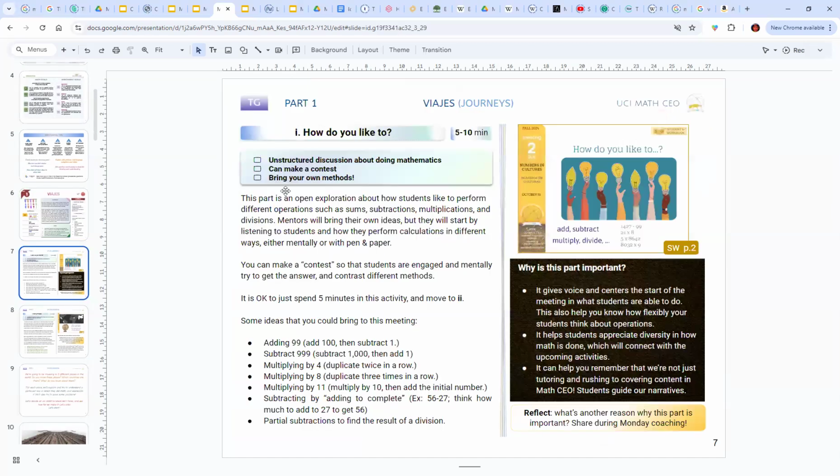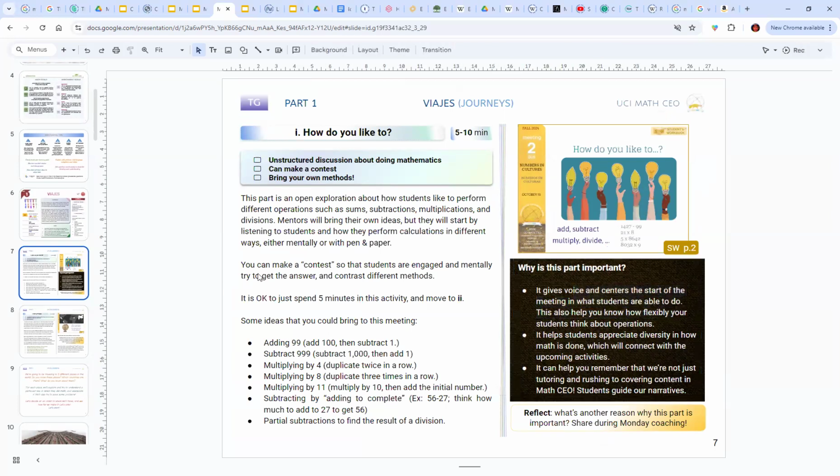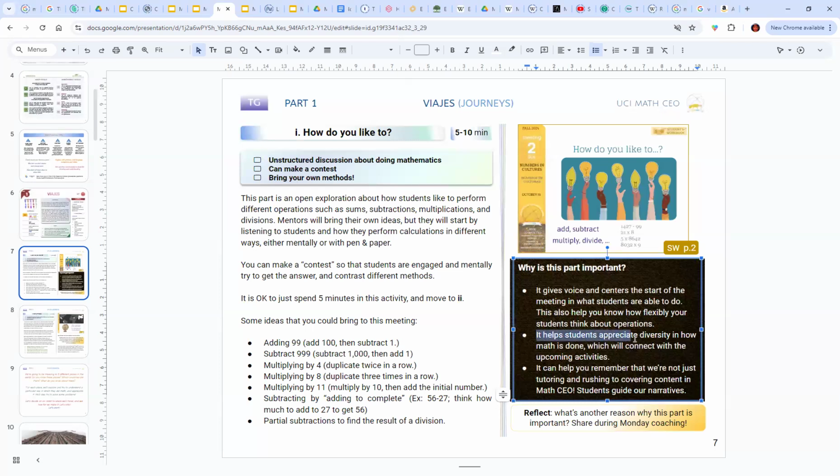So in a nutshell, we first want to do a warm-up. That's important because it'll give voice and will center the start of your meeting in what students are able to do. So what are we asking them? Just how do they like to add, subtract, multiply, divide? How do they like to do math in different ways? It also helps students appreciate diversity in how math's done.